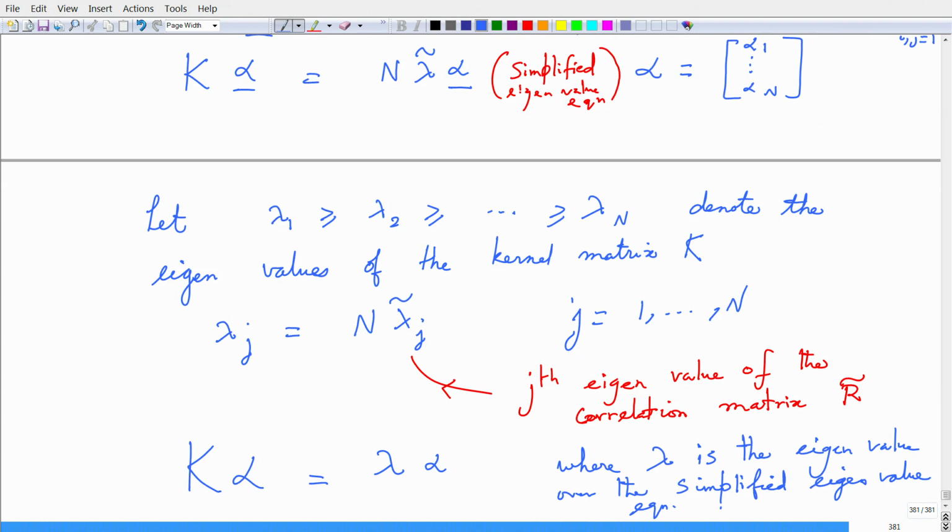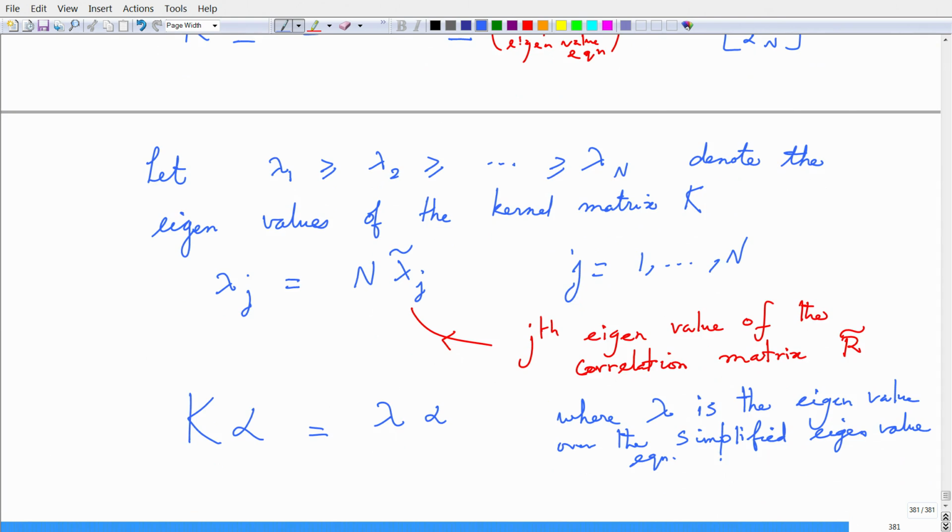K times alpha is basically lambda times alpha, where lambda is defined as capital N times lambda tilde, right. I have removed the subscript here because corresponding to the eigenvector alpha j, you have a corresponding eigenvalue lambda j.